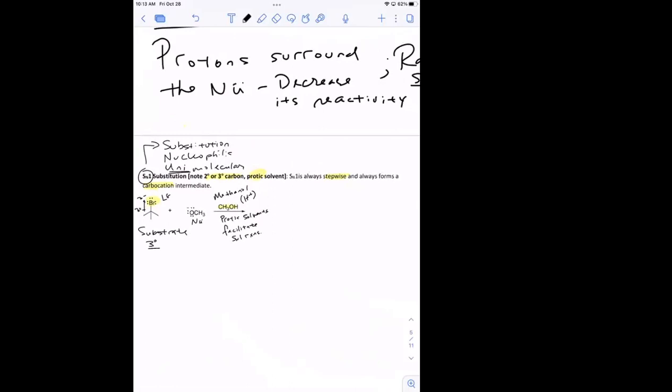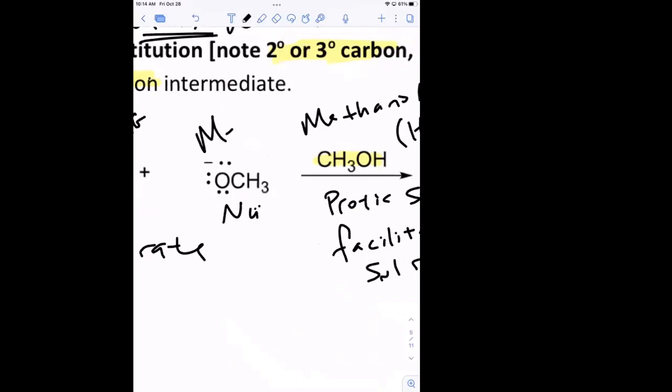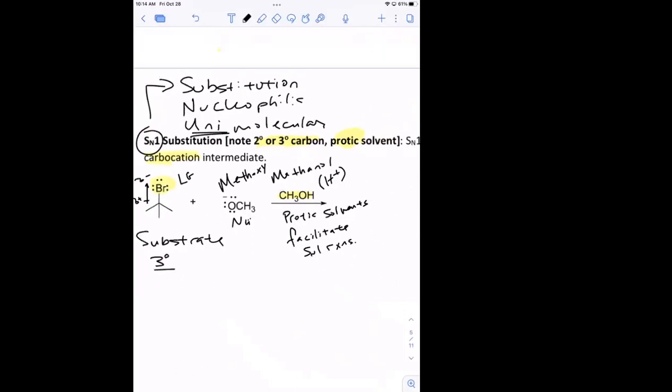The leaving group is leaving, and what's coming in? The OCH3 group, the methoxy nucleophile, is going to come in and replace the leaving group.